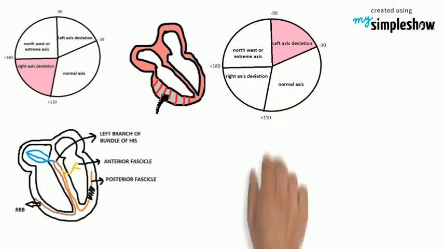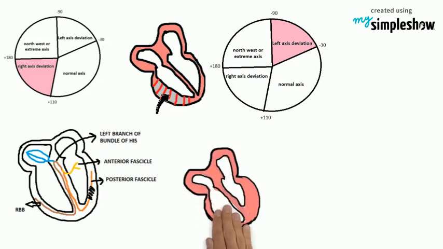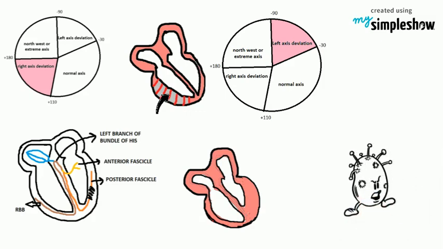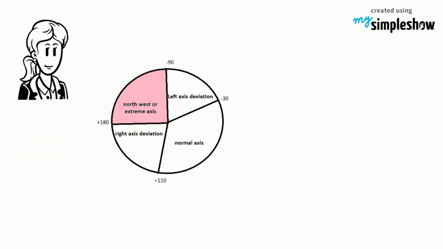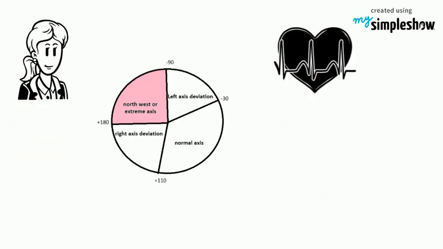Causes of left axis deviation are left ventricular hypertrophy, left anterior hemiblock, inferior MI and obstructive airway disease. Causes of extreme axis deviation are ventricular rhythms, hyperkalemia and severe right ventricular hypertrophy.